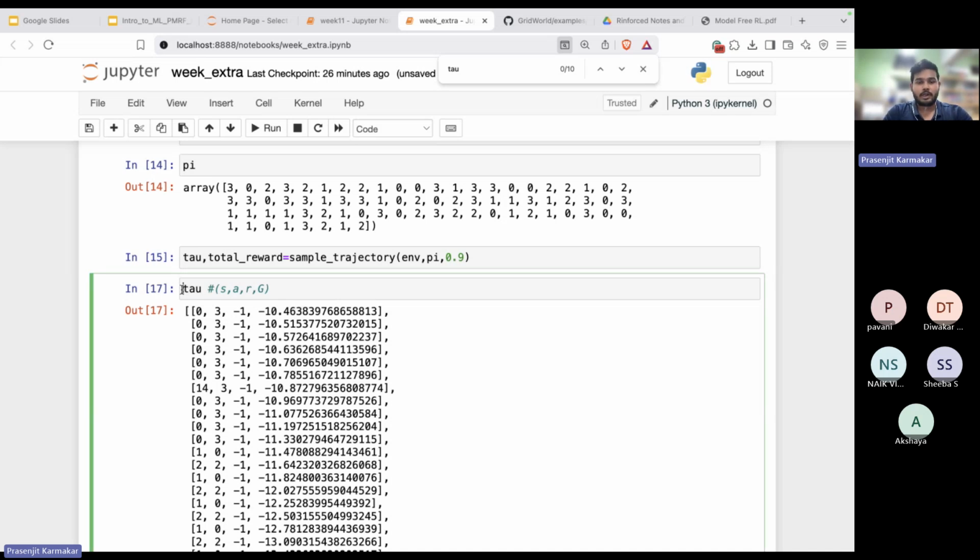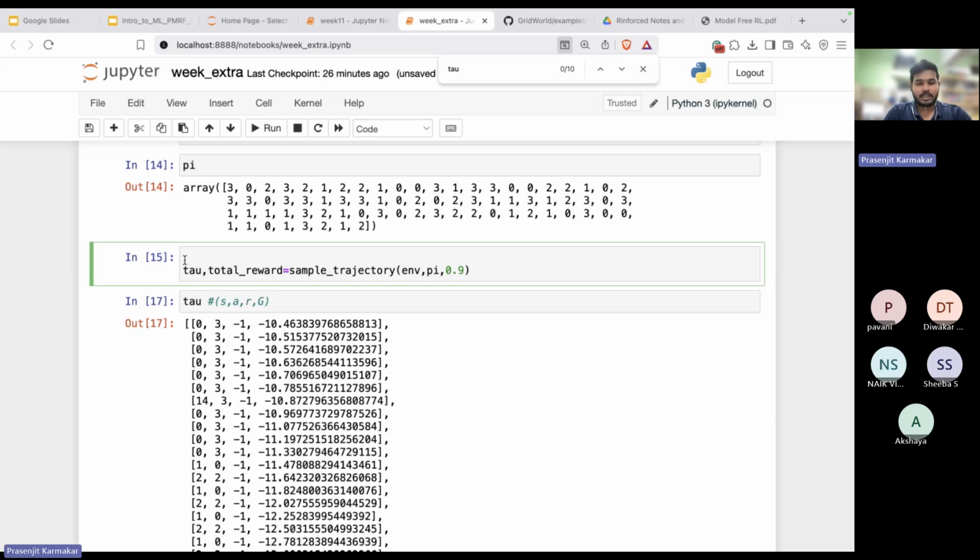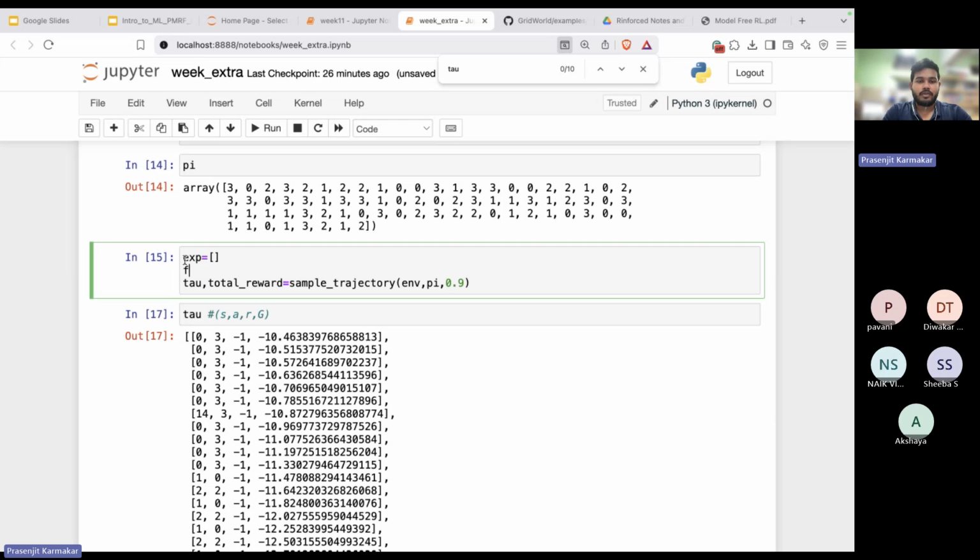So let's collect a lot of experience. My experience set, EXP, experience, is a null array. Now, let's say I want to collect a thousand such trajectories, for i in range 1000.